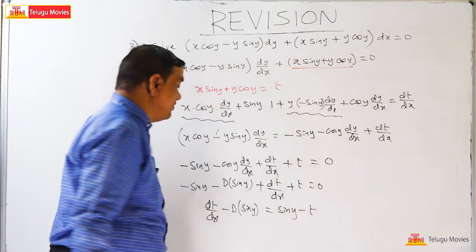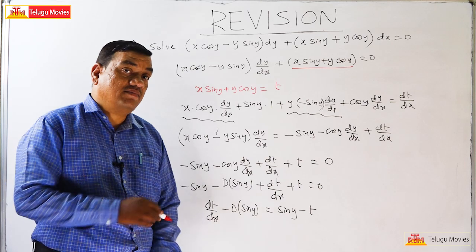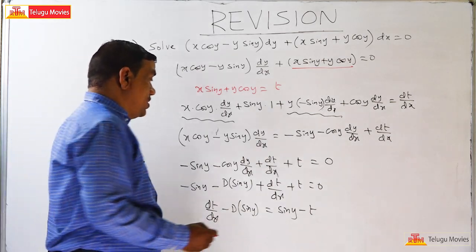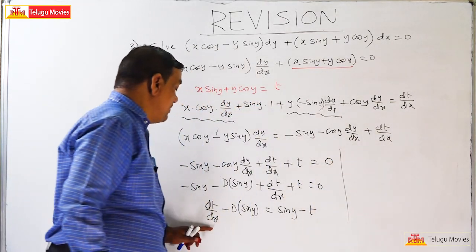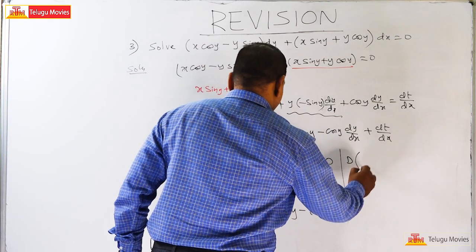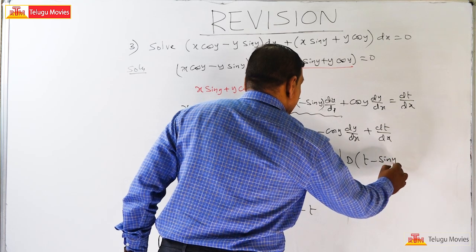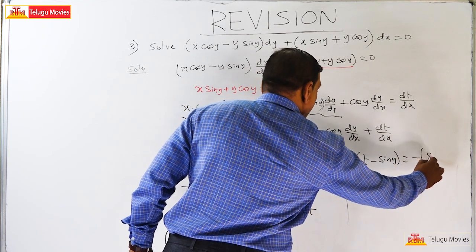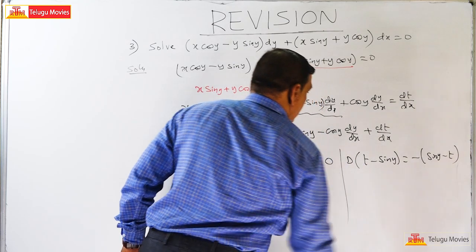So that is equal to sin y minus t, minus sin y to that side. Now dt by dx minus d of sin y, so can I write the derivative of t minus sin y is equal to minus of sin y minus t.